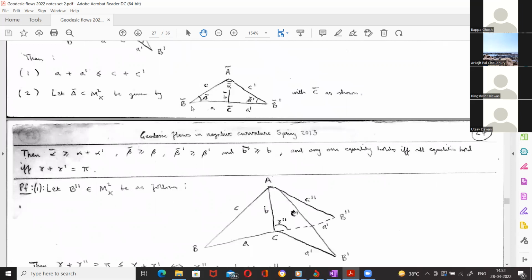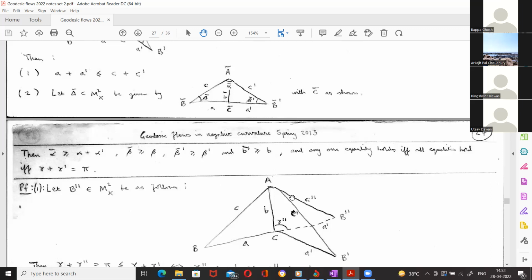Now these triangles have the same sides at the vertex B and B bar. This has length C and A plus A prime, and this has length C and A plus A prime.